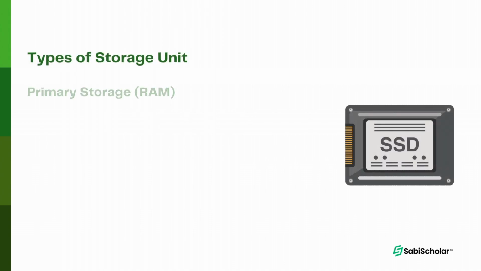Okay, so the next thing we're going to look at is the types of storage units. The primary storage unit, which I mentioned earlier on, along with the secondary storage. The primary storage, which directly communicates with the CPU, is called the RAM, which is short for random access memory.